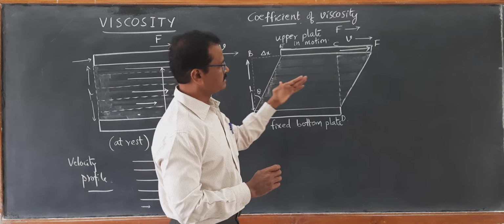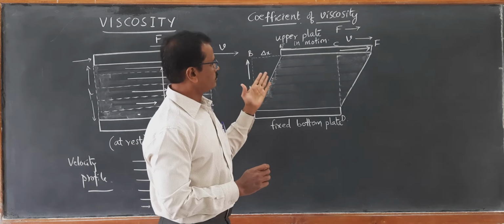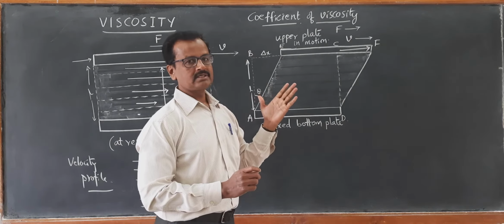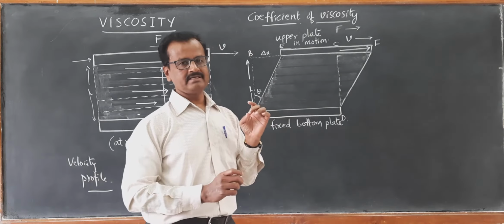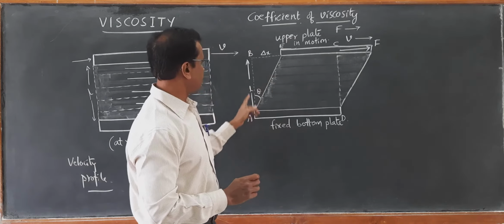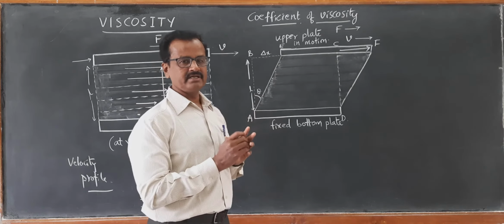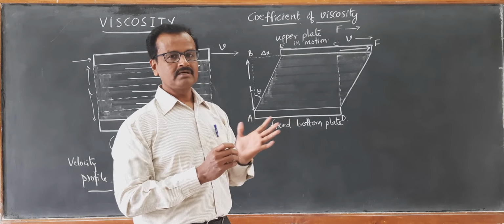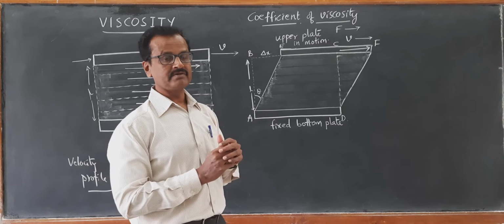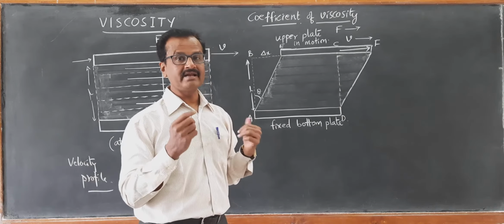When the liquid is in motion with velocity v, the strain is not fixed. Strain is delta x by L. This strain is undergoing change, so the rate of change of strain we call strain rate.